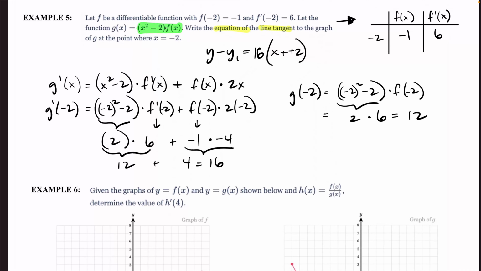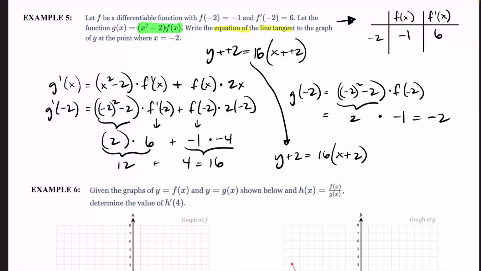It's normal f. Normal f, that's right. So it'd be negative 1. F of negative 2 is negative 1. So you get negative 2. I got that wrong. So it'd be y plus 2 equals 16, x plus 2.